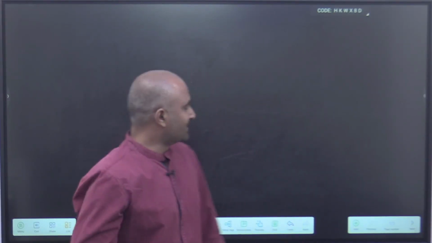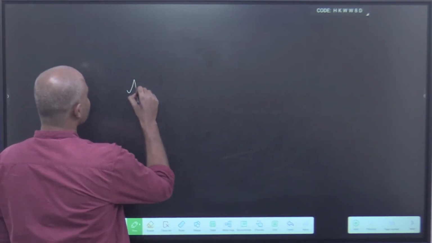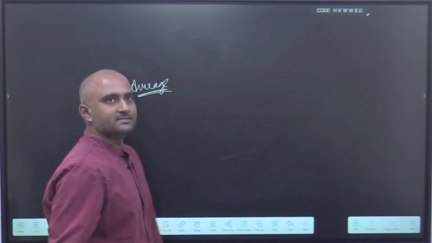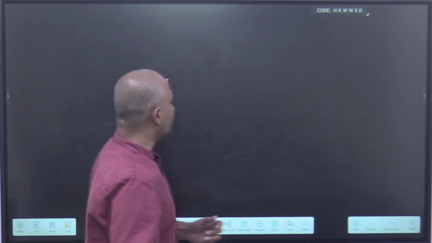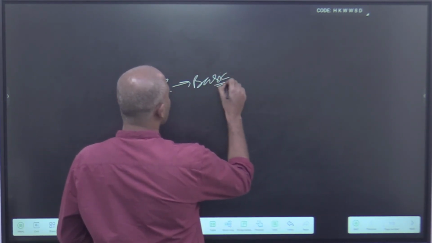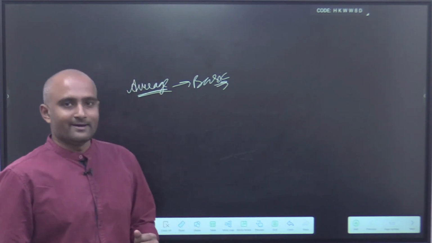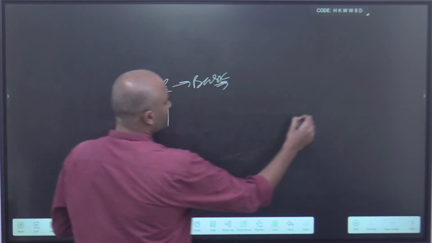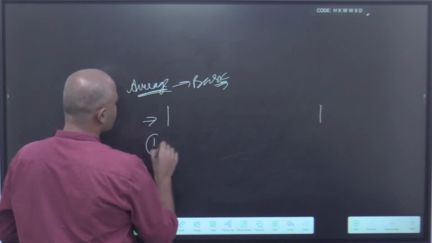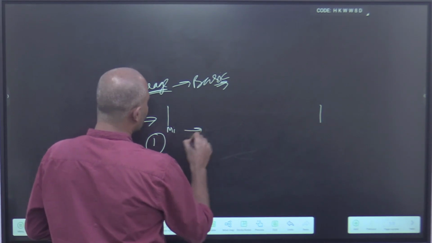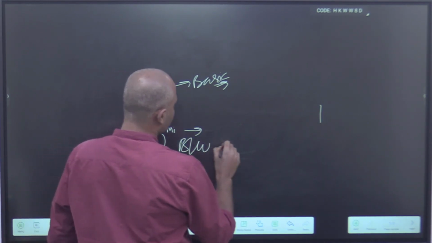Hello students, yesterday we discussed average and we have seen the concept in the basic way. The first characteristic of average is that it will always remain between extremes.